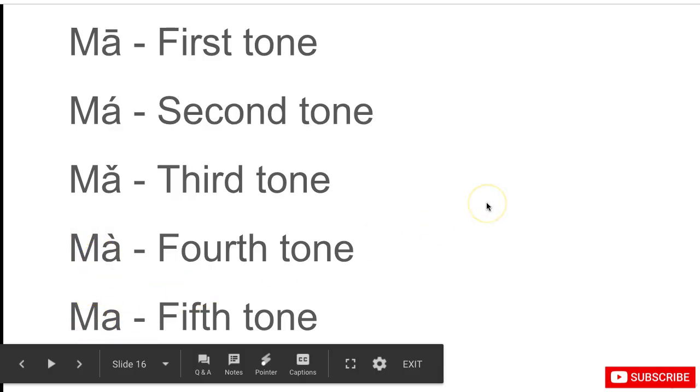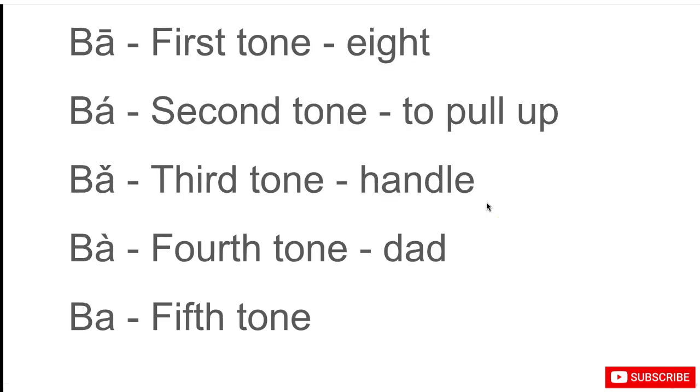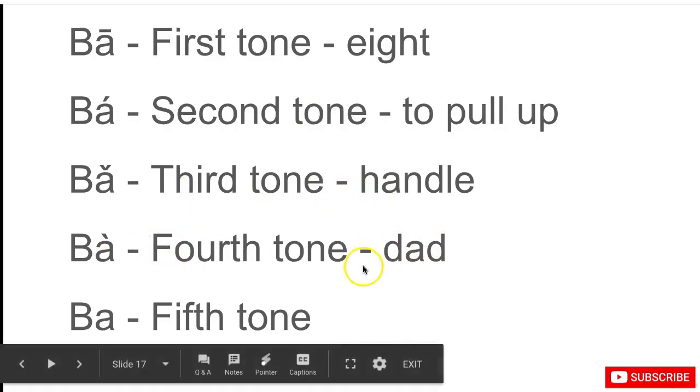You see, that's easy. Let's look at another word, ba. Ba means 8. Ba means to pull up. Ba means to handle, and ba means dad. And there's ba. All right, so let's go 3 times each.